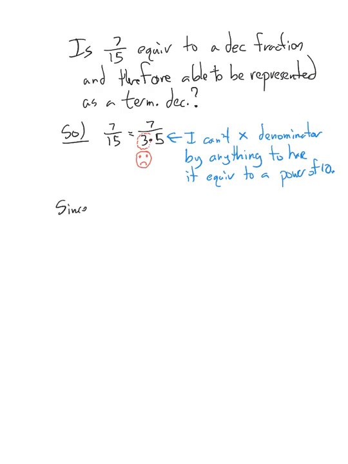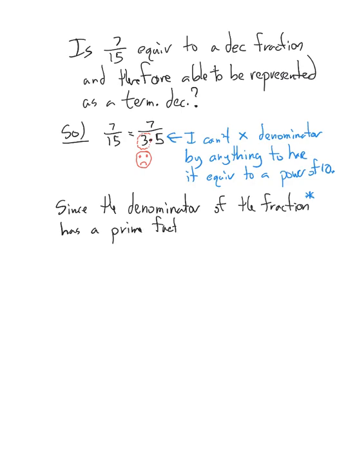So since the denominator of the fraction, and let me put an asterisk here because there's a caveat that we need to talk about in a second in the next example, has a prime factor besides 2 or 5, we cannot write 7/15 as a terminating decimal.